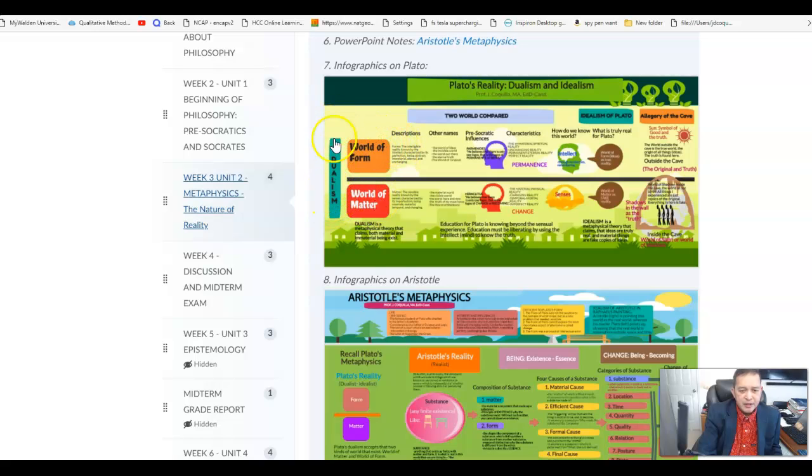That is the dualism. Okay, the next column here is the description of this world. So try to look at this column. The world of matter is the sensible, the material, the experiential world that we encounter every day. The world of form is somehow only intelligible by the mind.